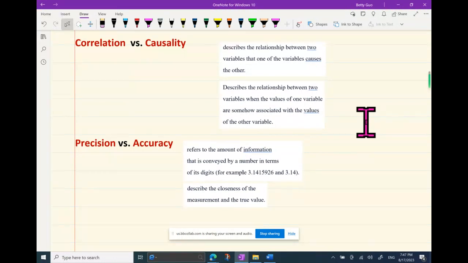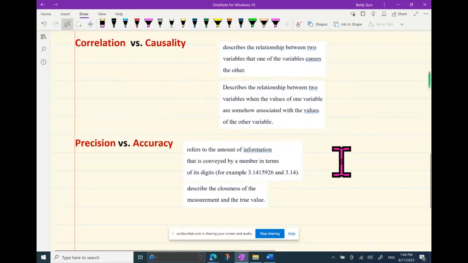So when the relationship of two variables displays a certain pattern, like a linear pattern, right? In my earlier example, probably it is a linear pattern, or sometimes the relationship could even be a parabola.